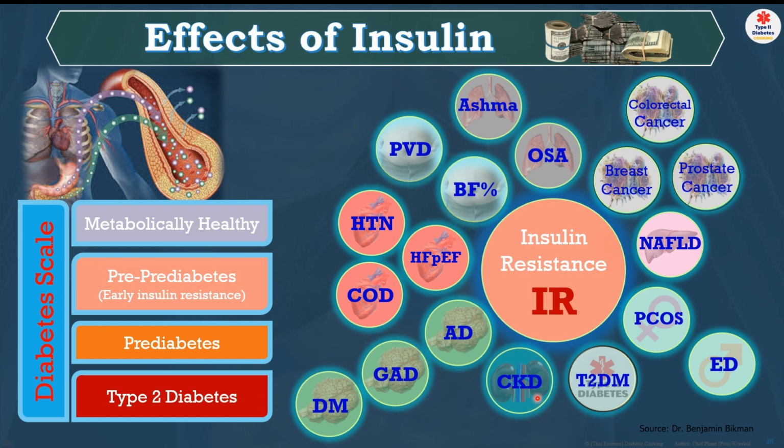You go to the kidney again, you have chronic kidney disease. So besides type 2 diabetes, you've got kidney disease. And then you could have Alzheimer's, anxiety, and migraine.